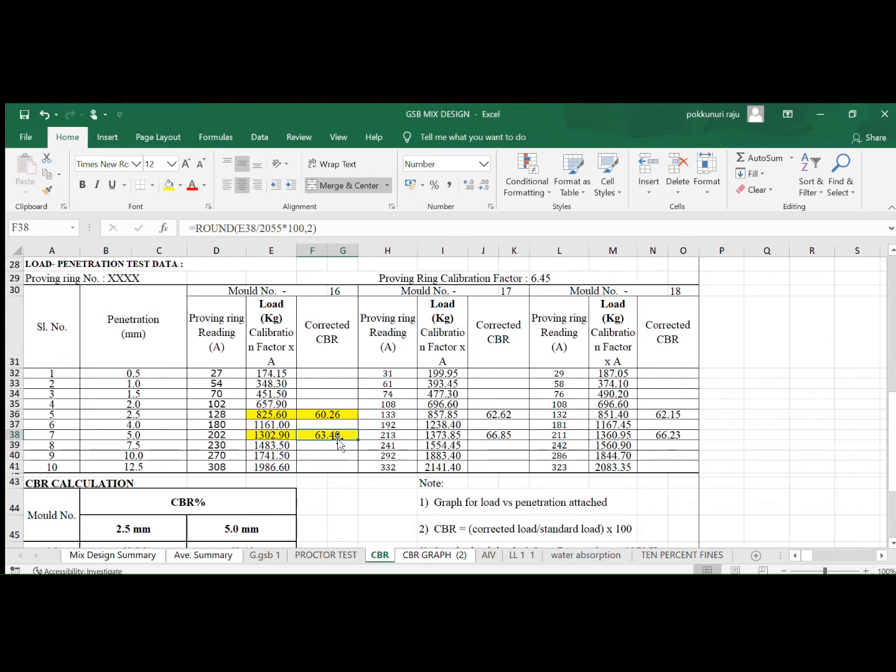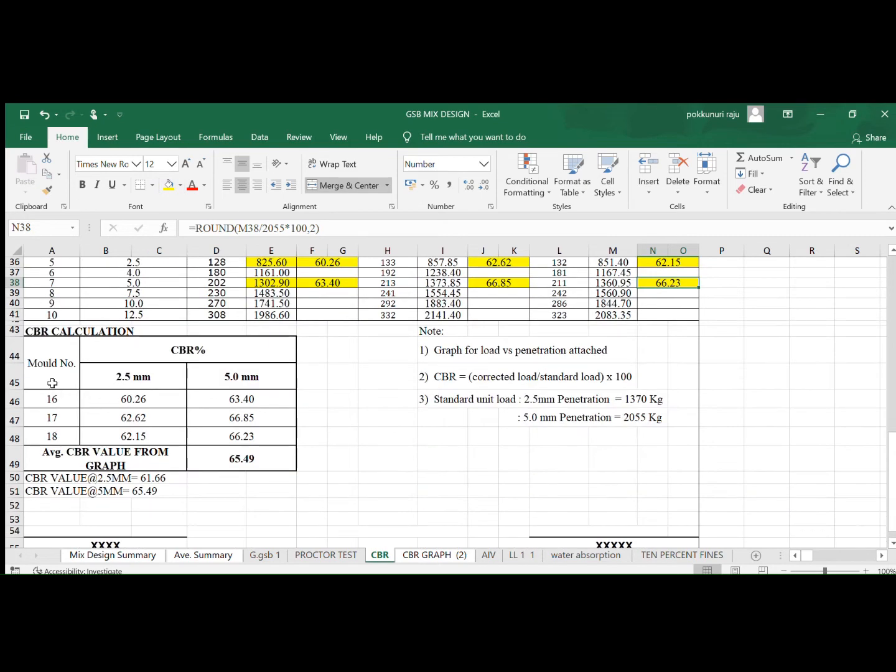Now for all three molds, 16, 17 and 18, the CBR values at 2.5 millimeters and 5 millimeters are checked, which are 62.62 and 66.85 for mold number 17, and 62.15 and 66.23 for mold number 18.